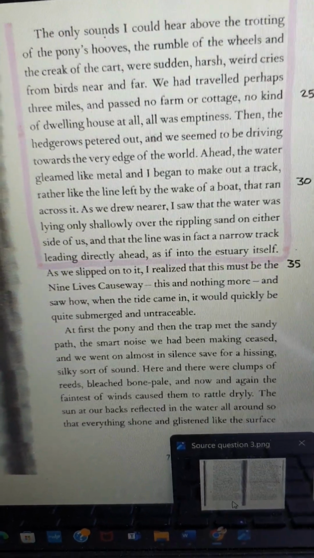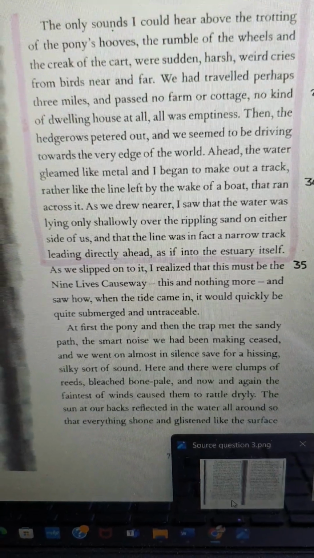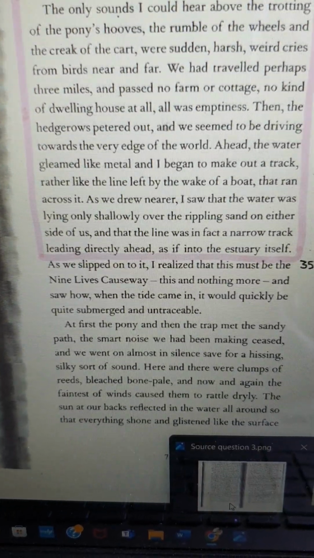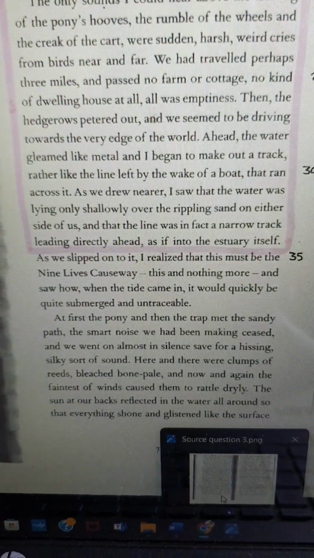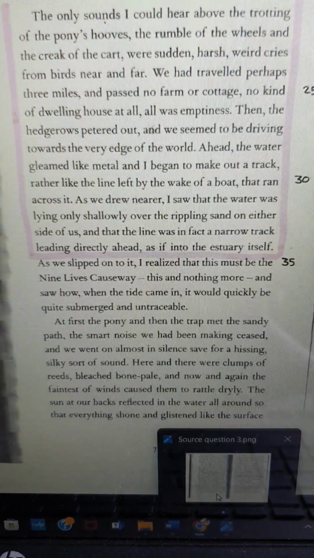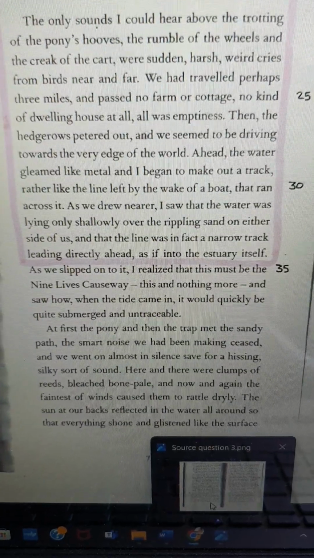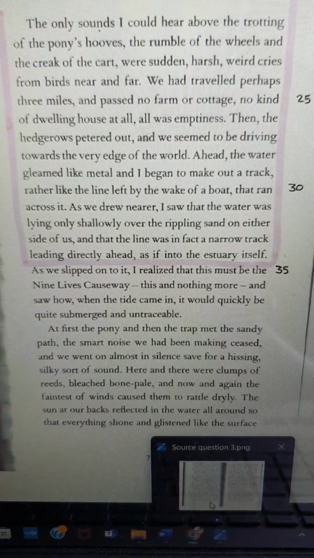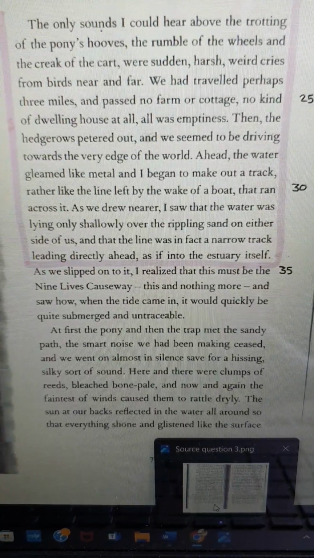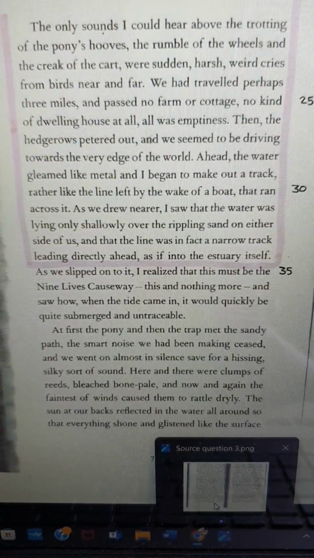In this part of the text, the narrator describes how the line, which is in fact a narrow track, leads directly ahead as if into the estuary itself. Now we are asked, what impression do we get of the marshes? So what I decided to say was that the marshes are dangerous.